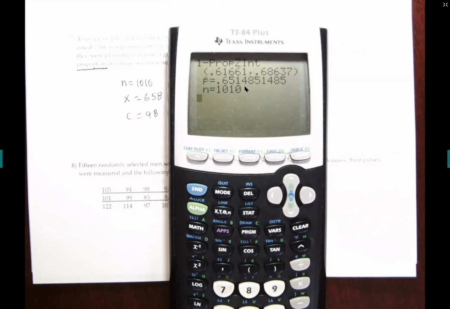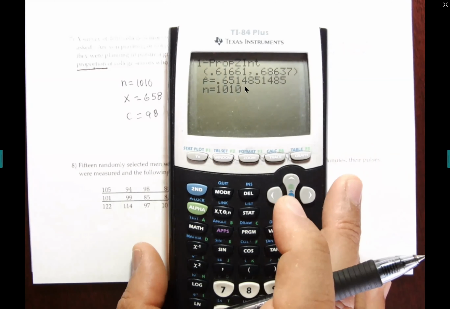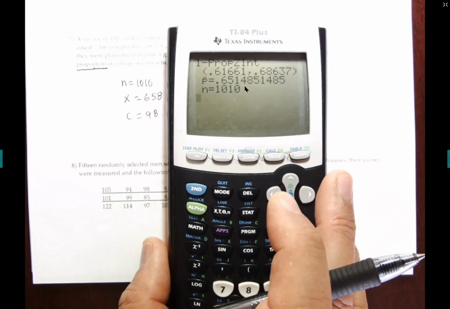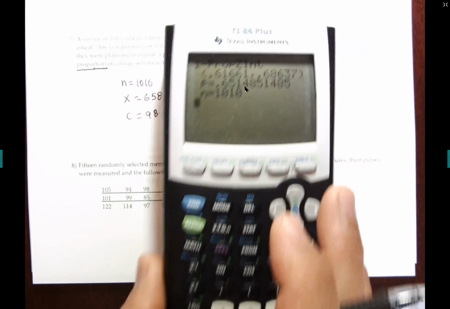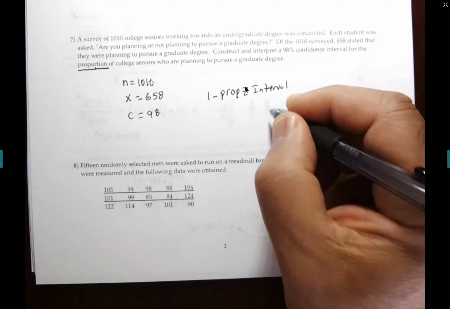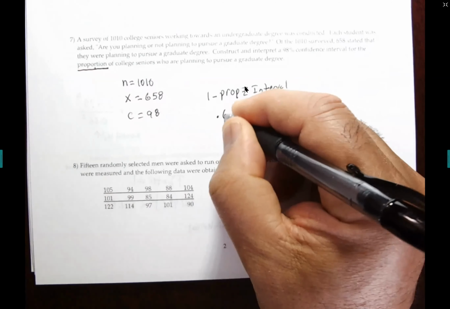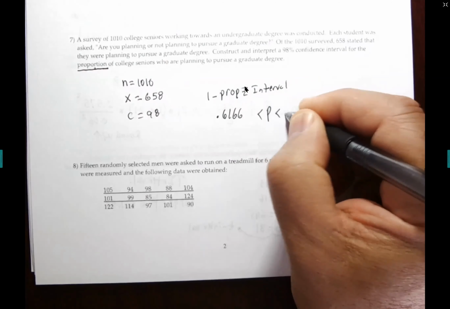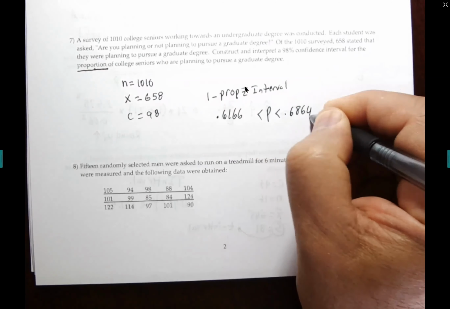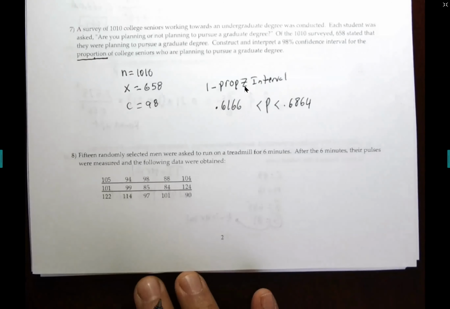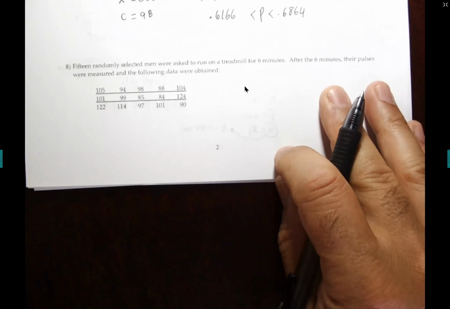I'll write it down. 0.6166 and 0.6864. That is the interval. Okay. Number 8. So that's section 6.3, guys. That is section 6.1.